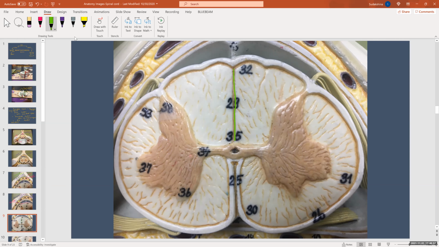As we know, or we may not know, folds within the tissue are referred to as sulcus, and deeper folds are called fissure. So this will be a sulcus. This will be, as you can see, this is deeper. This will be a fissure.